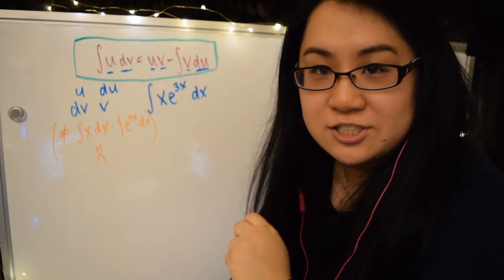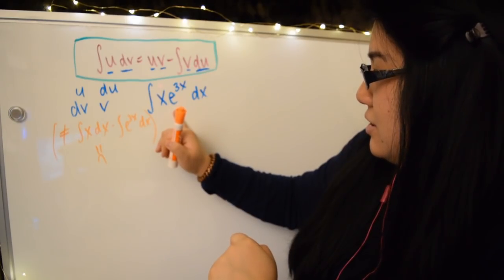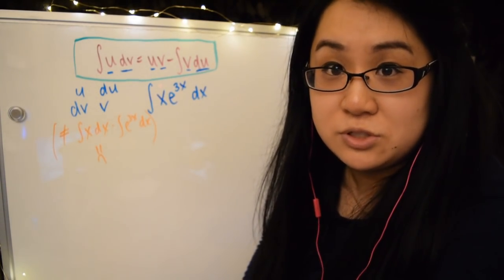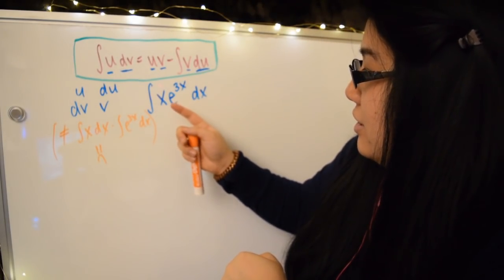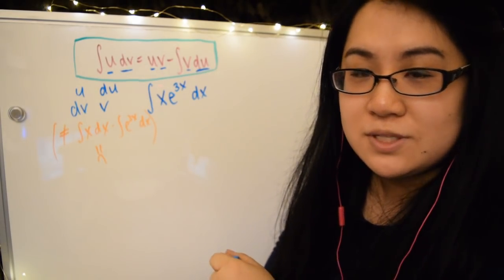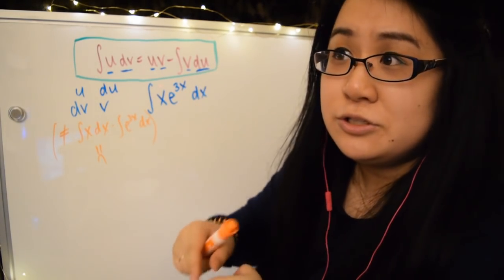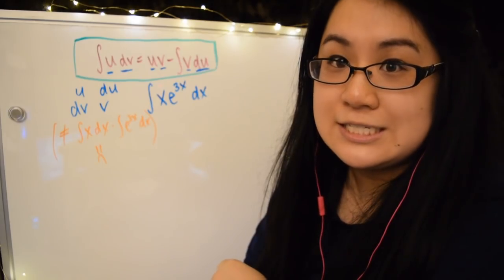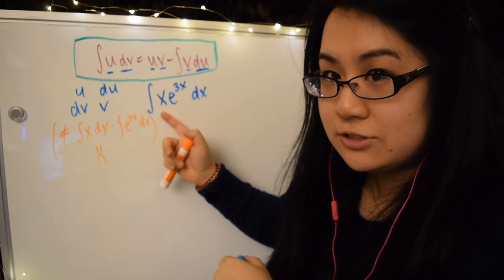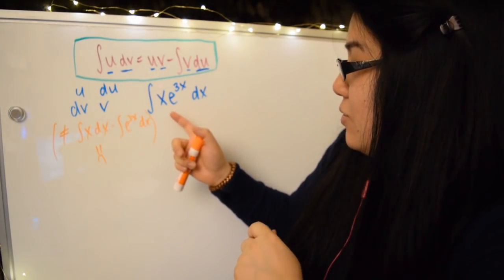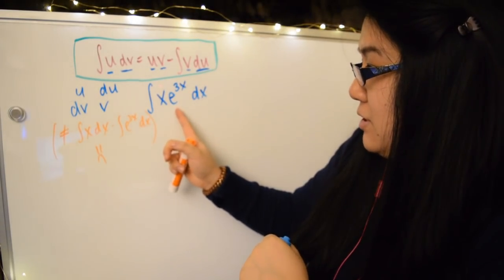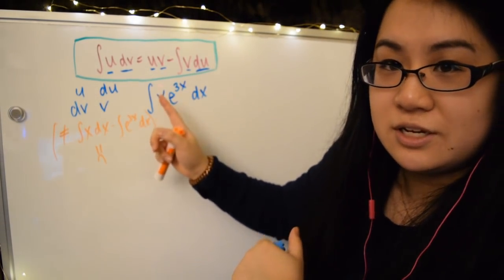Okay, so that's the first thing. Next thing is if we tried substitution, like u equals 3x or something like that, du would be 3 dx. There would not be an x factor here, okay? So we would not be able to do substitution here because we still have this issue with this x.